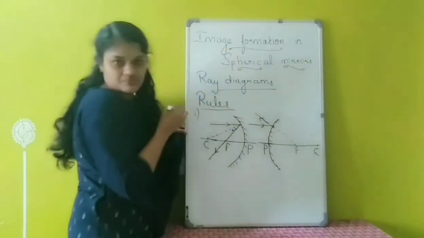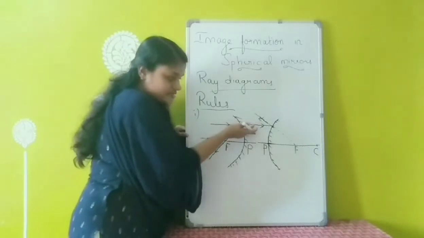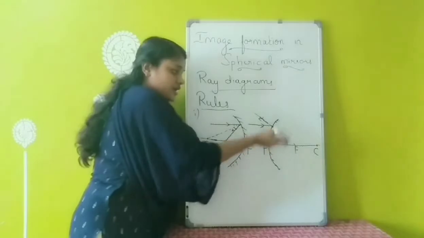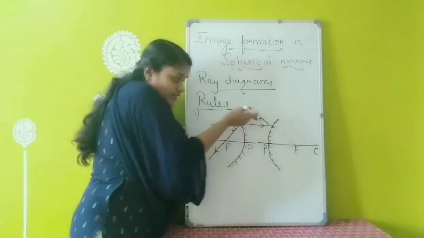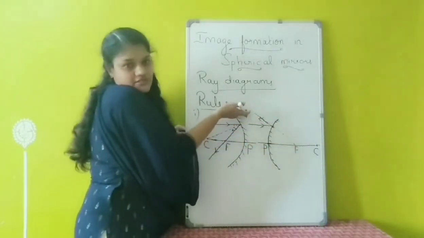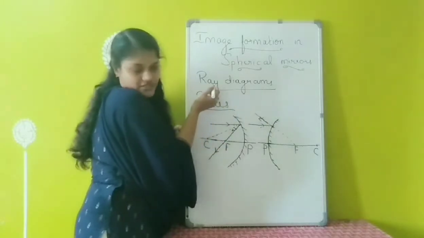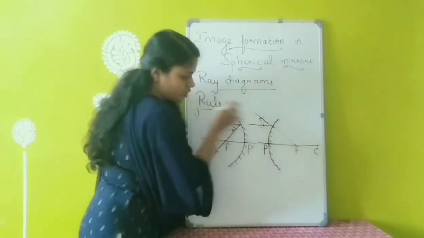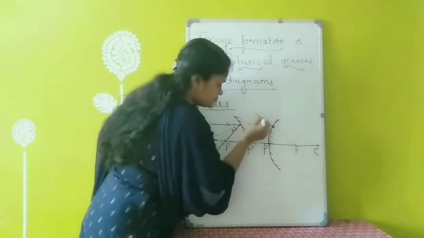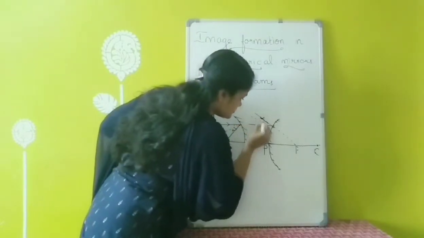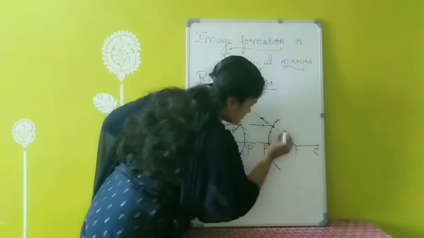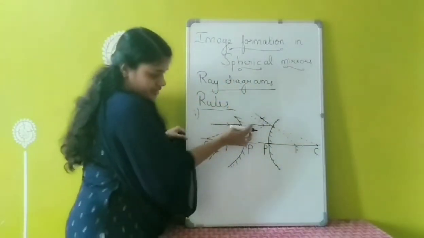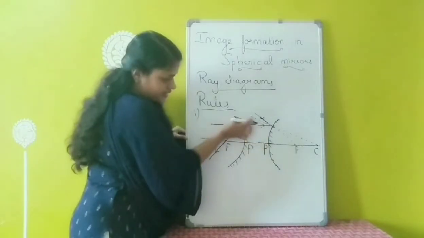the center of curvature. So once again, a light ray passing parallel to the principal axis in case of a convex mirror, after reflection appears to diverge from the focus. Similarly, I am drawing a dotted line from the center of curvature to the point of incidence here. Here I told you this is the incident ray and this is the normal.